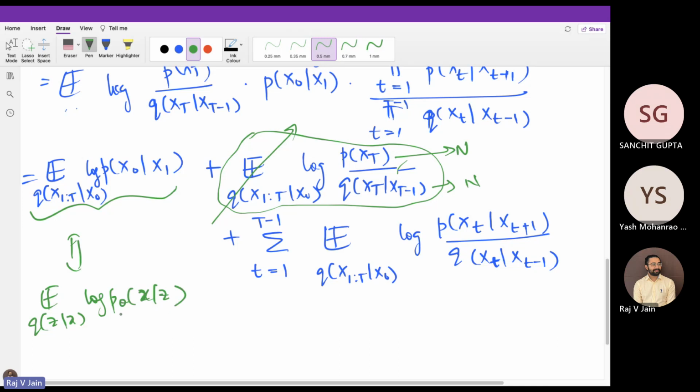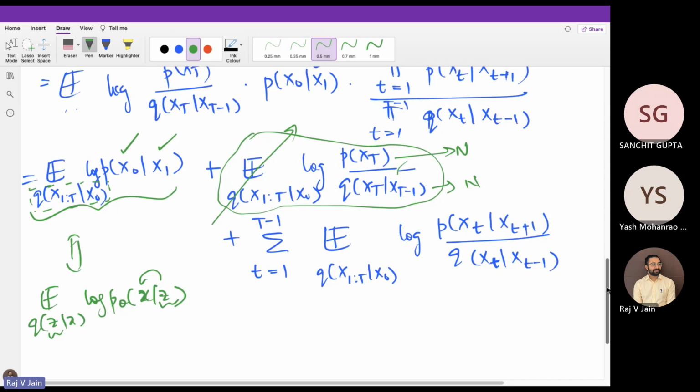The decoder: you sample z from the encoder, pass it into the decoder, and get x. Similarly here, this is x naught, our data, and this is the latent we use to get the data. Very simple thought process. But this expectation is over a very large quantity, so any thoughts on how to reduce this? Do you think all of those variables are important?